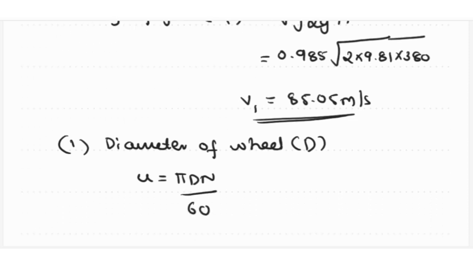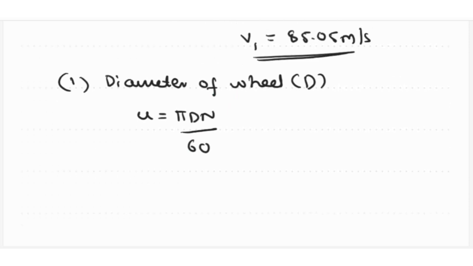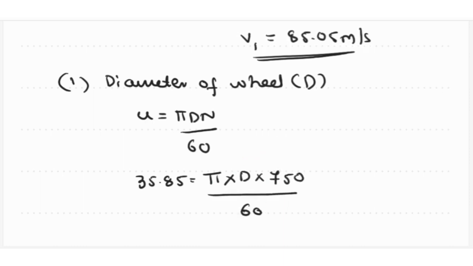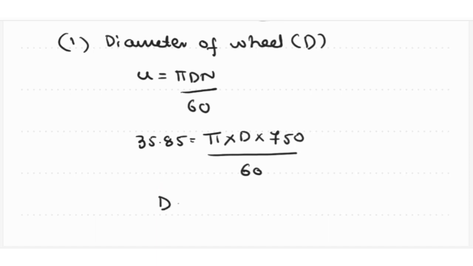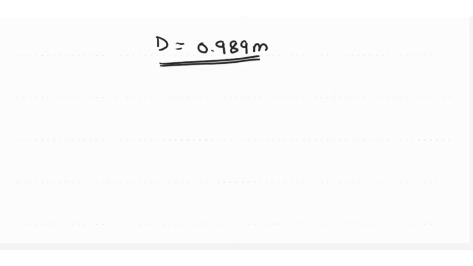So v1 we have calculated as 35.85 into pi, D is unknown, N is 750 divided by 60. If you solve, you will get diameter of wheel D is equal to 0.989 meter. So let us go with the second part.